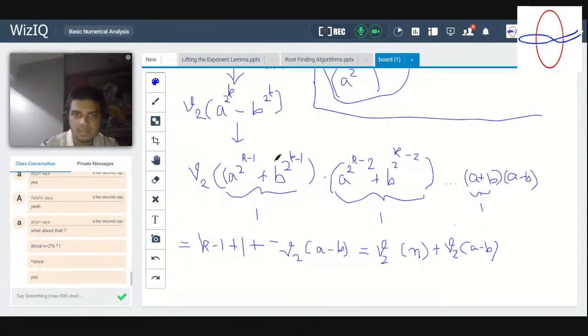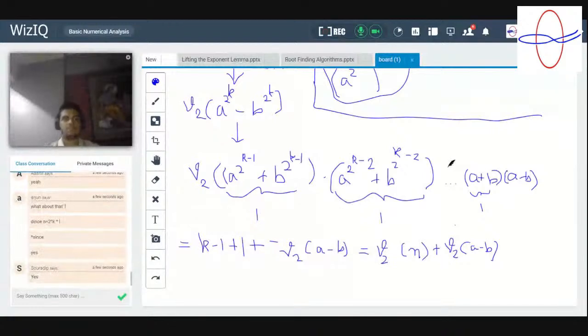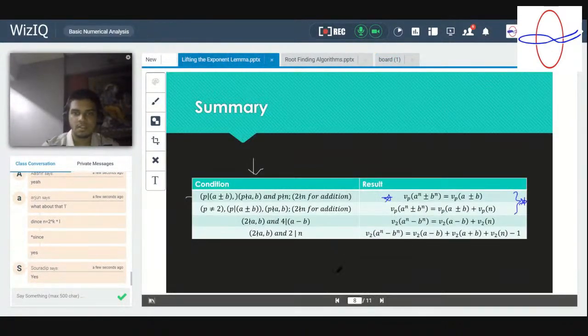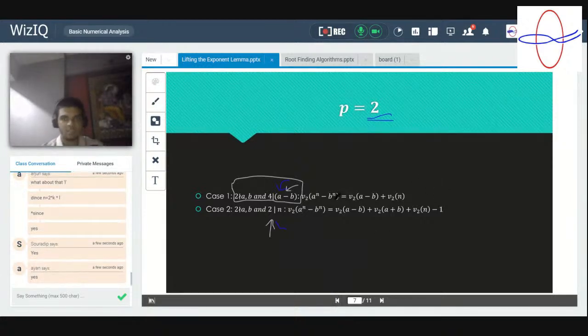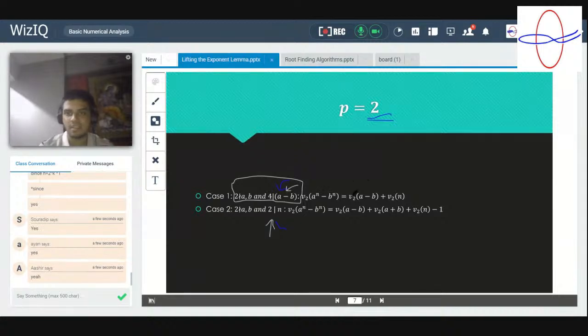Because all of these, like v2 of all of these, evaluate to 1, right? So that gives us the first new formula, which is if 2 does not divide a minus b and 4 divides a minus b, then v2 of a raised to n minus b raised to n is equal to v2 of a minus b plus v2 of n.